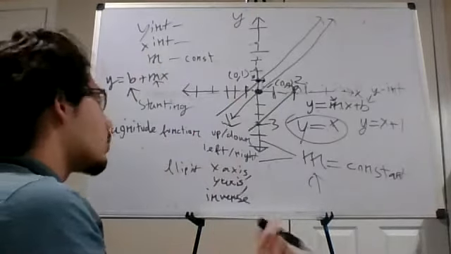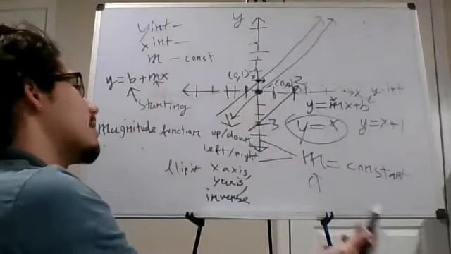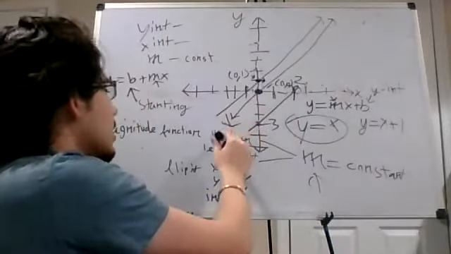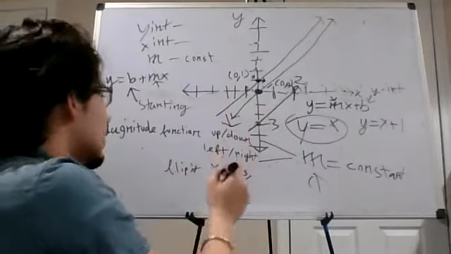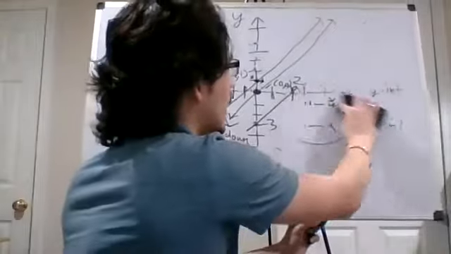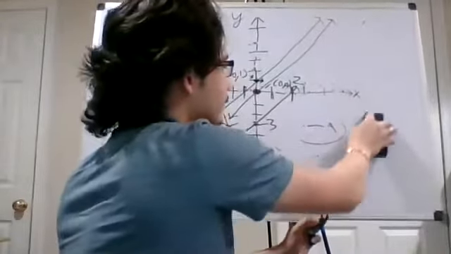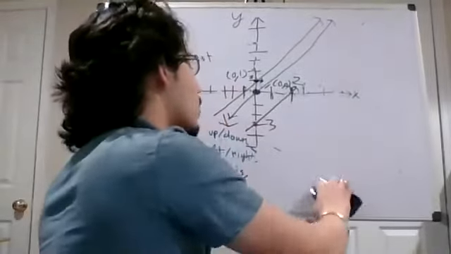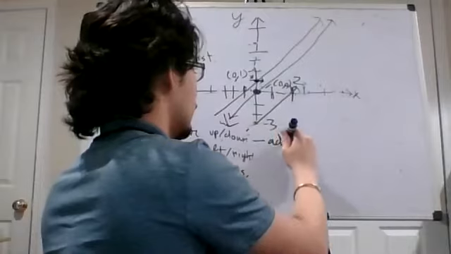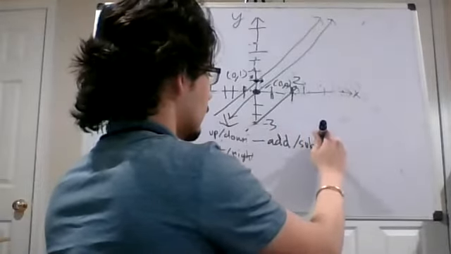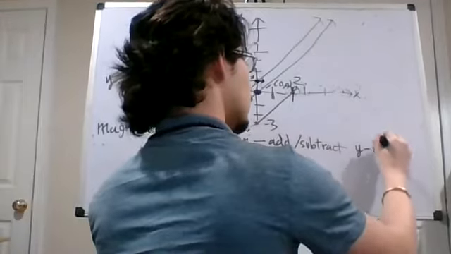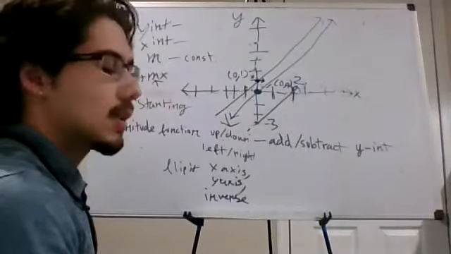So I want you to realize that the x-intercept isn't as important as the y-intercept in the sense that when we move the function up or down, we simply add or subtract to the y-intercept the amount that we move up and down by. Does that make sense?